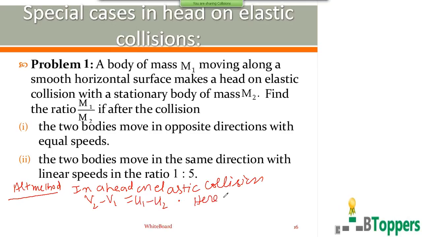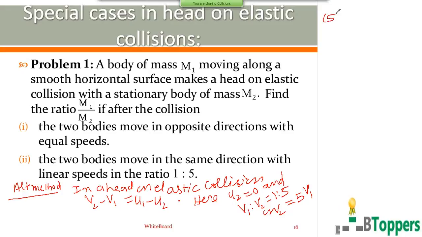So in this problem, the second body is initially at rest, and V1 and V2 are in the ratio 1:5, or V2 is 5 times V1. You can substitute these values in this equation.